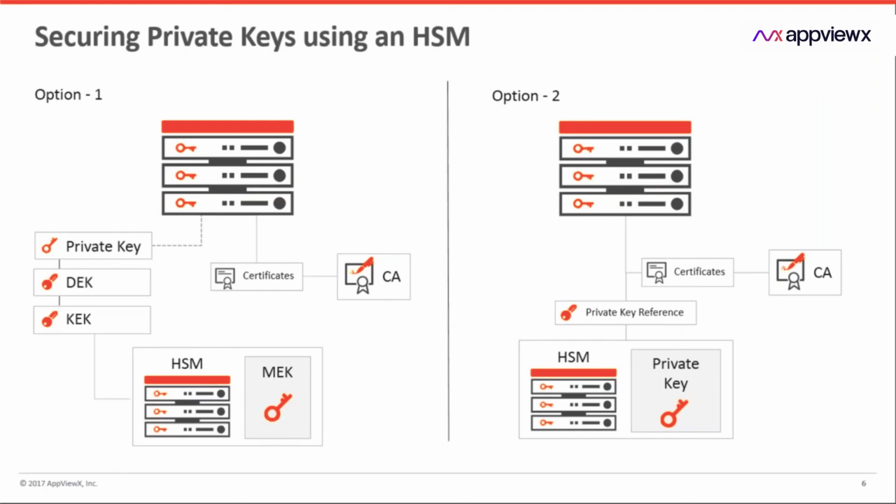It's very simple. Some devices require the inclusion or bundling of the private key with the certificate, which is only possible in approach 1 as the private key resides inside AppViewX. But in approach 2, the private key cannot be retrieved from the hardware security module and hence cannot be pushed to any device. But certain devices, such as an ADC, or to be more specific, an F5, can use the private key reference in approach 2 to read the private key content from the HSM device without ever needing to retrieve the private key from the HSM.